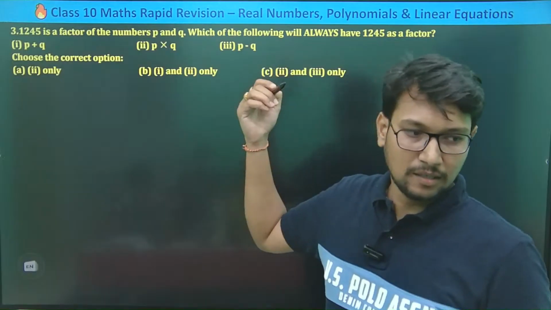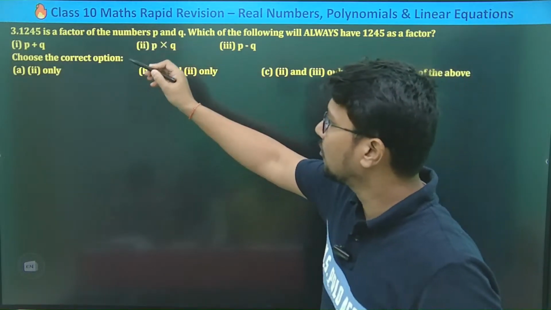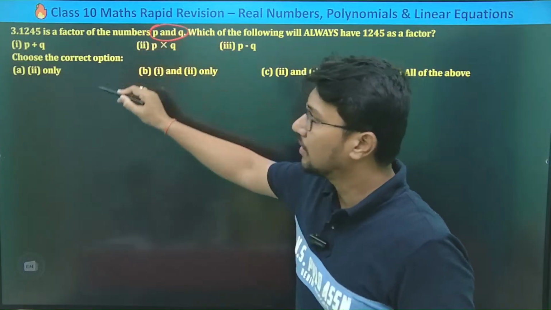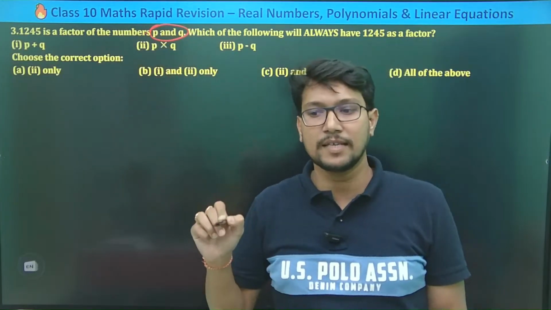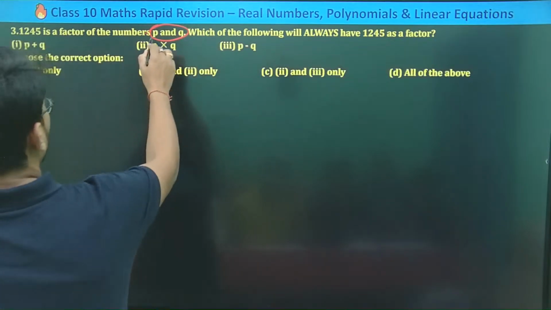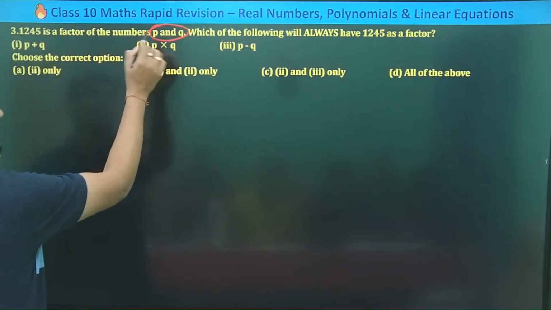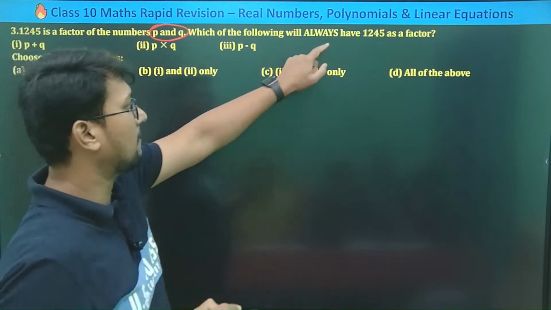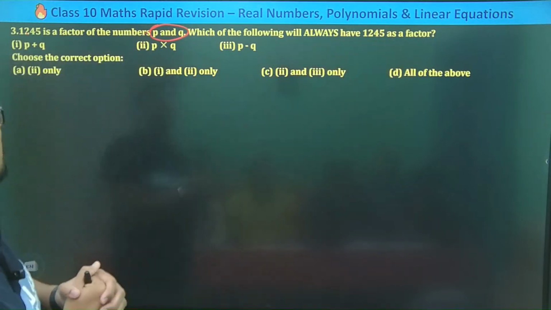Question clear? 1, 2, 4, 5 is a factor of P and Q, means it is a common factor of P and Q. Which of the following always has 1, 2, 4, 5 as a factor?